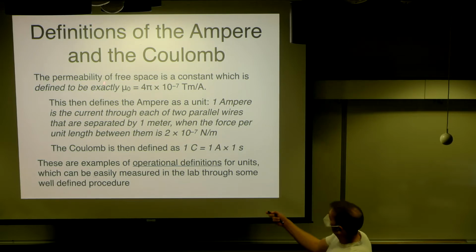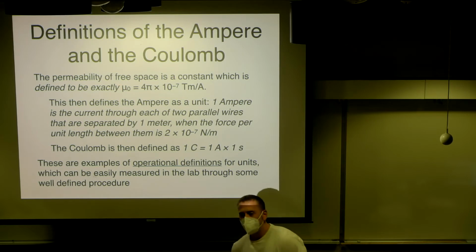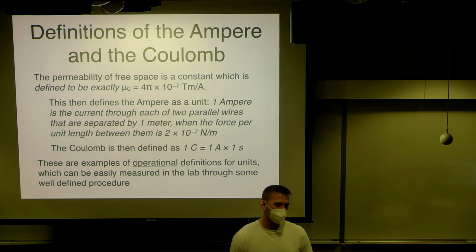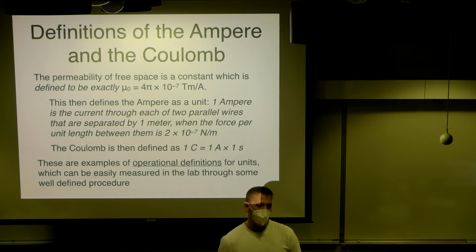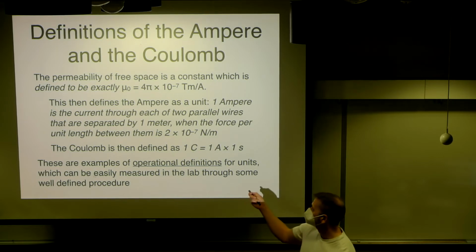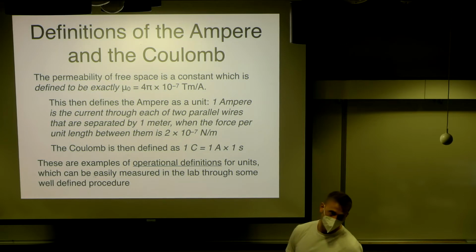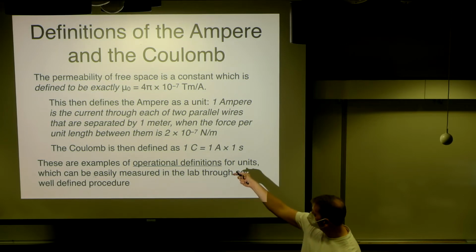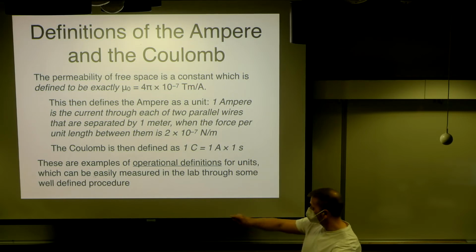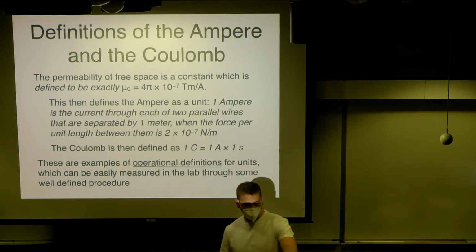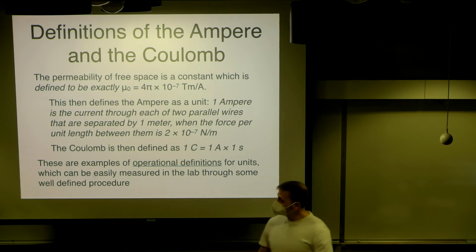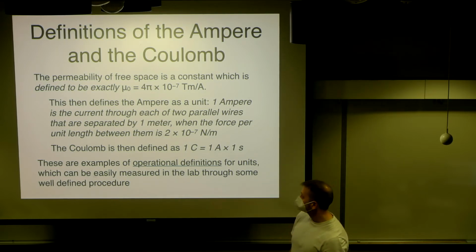The permeability of free space, this constant which we call mu naught, you may be looking at it and wondering, why is it 4 pi 10 to the minus 7? It's like a weird coincidence that it worked out to that exact value. It's actually not a coincidence at all. It's just defined to be that value. We just declare mu naught is 4 pi 10 to the minus 7 Tesla times meters per amp. That's just by definition. Then once we have that definition in hand, other units can be defined.